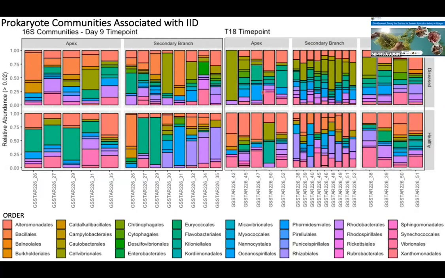So you can see the diseased tissues from day 18 have a higher relative abundance of Flavobacteriales, though this is not the same sequence variant as seen in the healthy tissue from day 9, and also a higher abundance of Cellvibrio here, particularly in the secondary and primary branches. The relative abundance of Bacillales in disease samples from this later time point is much lower as well than it was in the T9 samples.